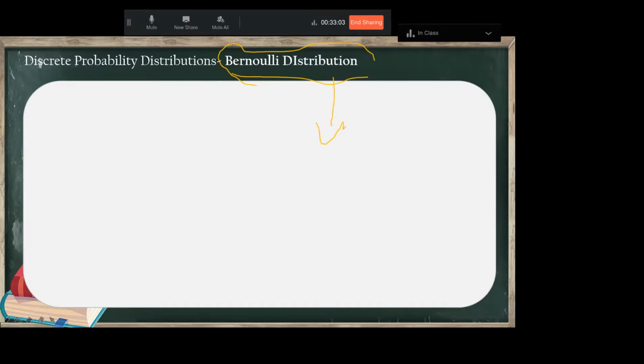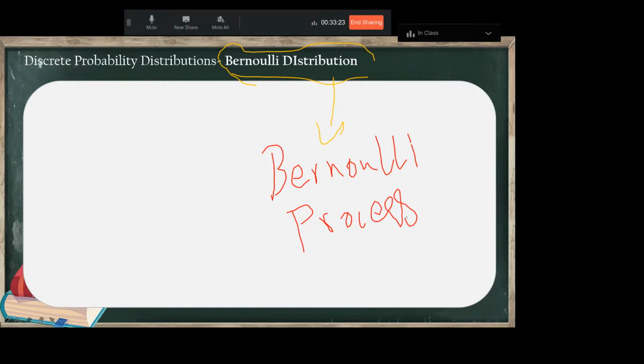And what exactly a Bernoulli process is, is when we divide the outcome into only two parts. So whatever we are interested in, it's that part.